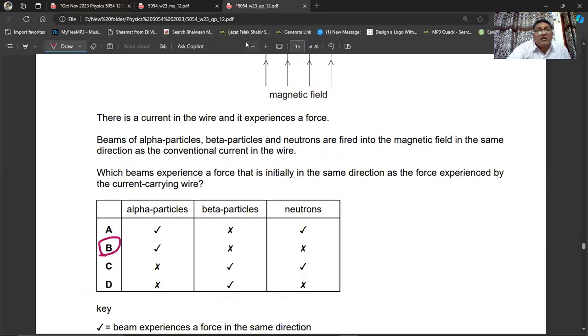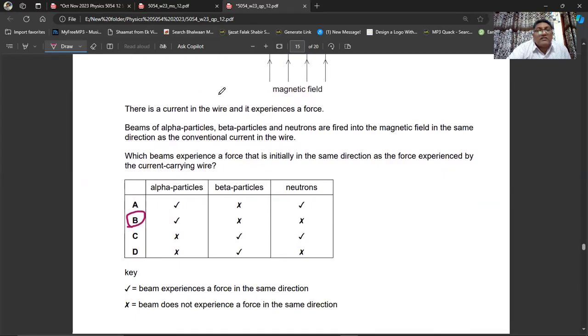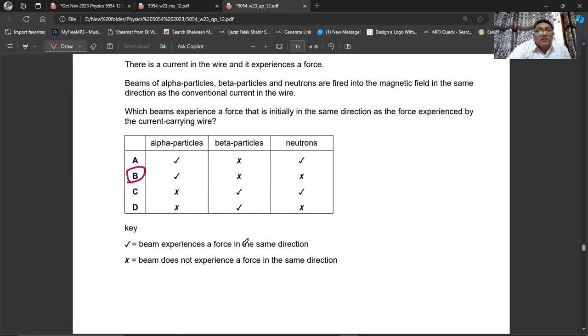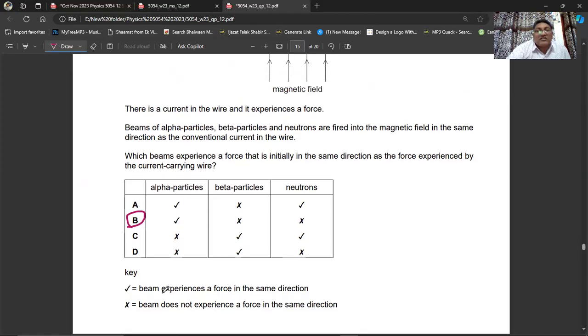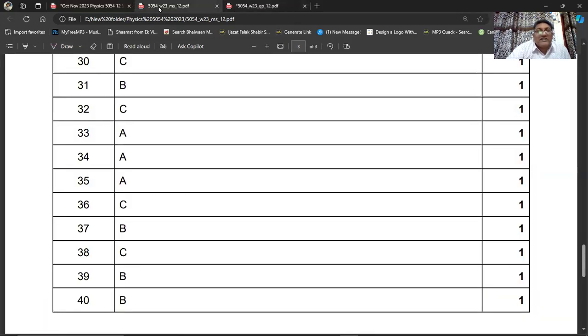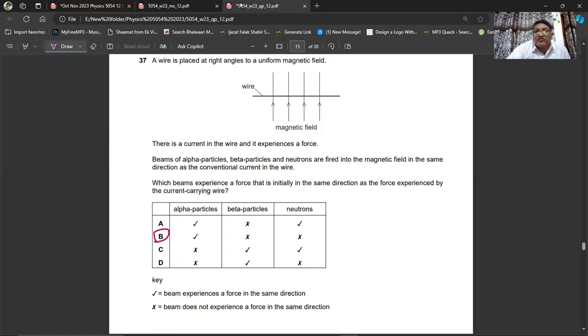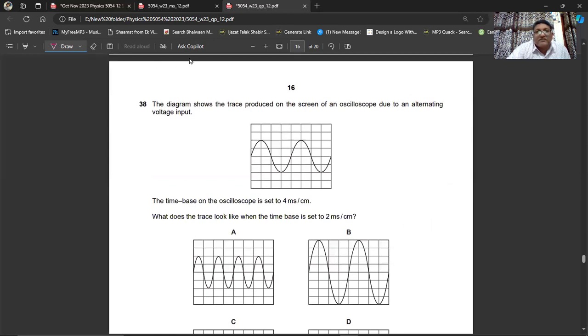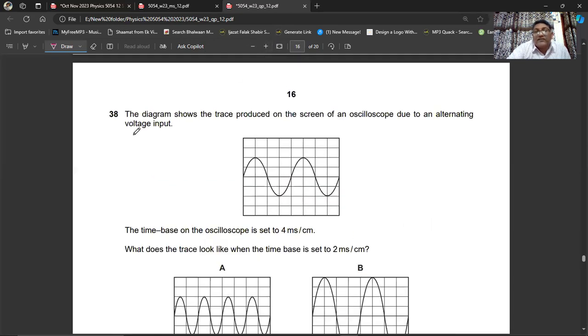A tick means the beam experiences a force in the same direction, and the cross means the beam does not experience a force in the same direction. This is question number 37, B is the right option. A little tricky and new question, the style of the question is new.